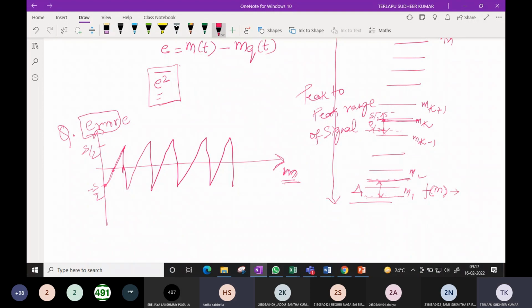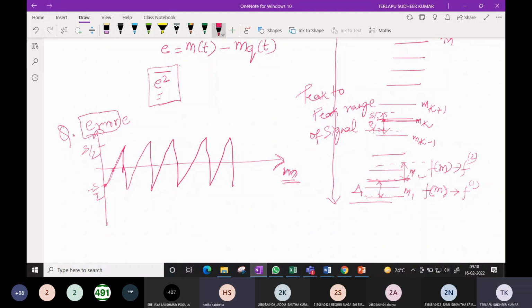This can be represented simply as say F1 in region 1. Similarly, in region 2, the probability will be say F of 2, like that.